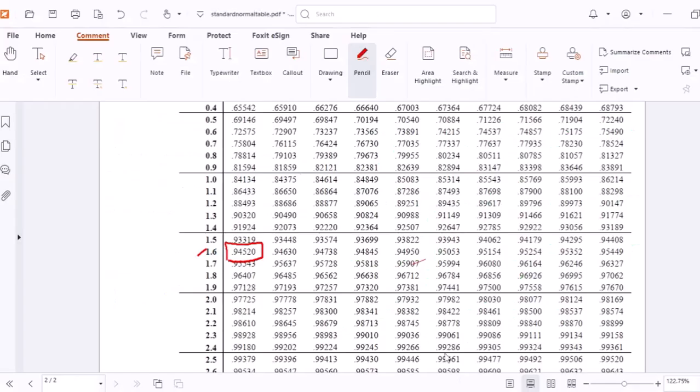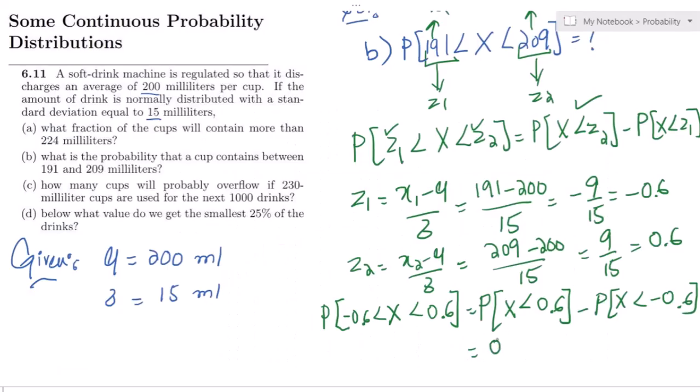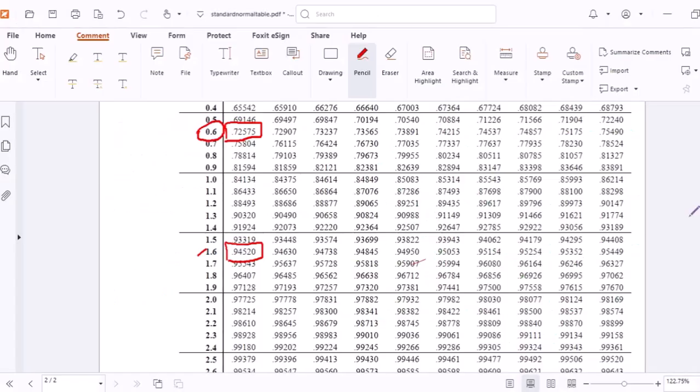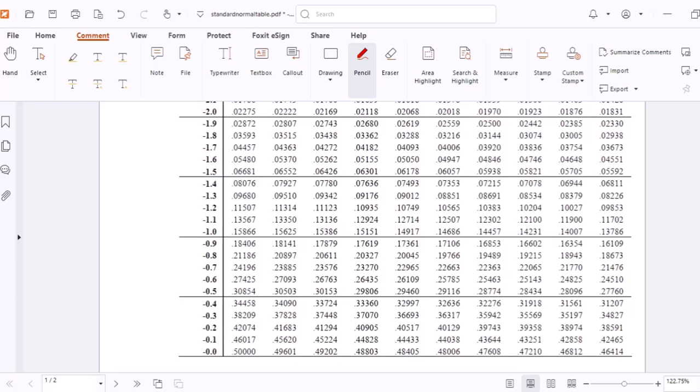For 0.6, the value is 0.7257. For minus 0.6, it is 0.2742.